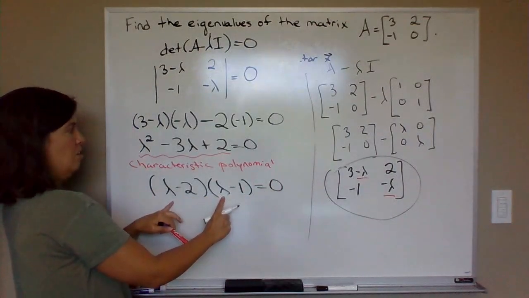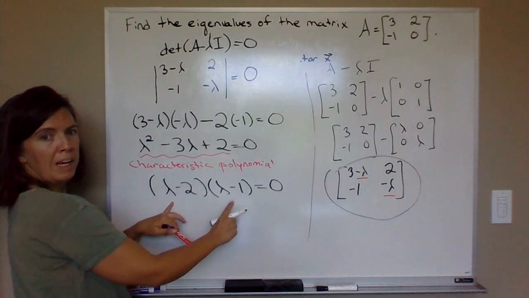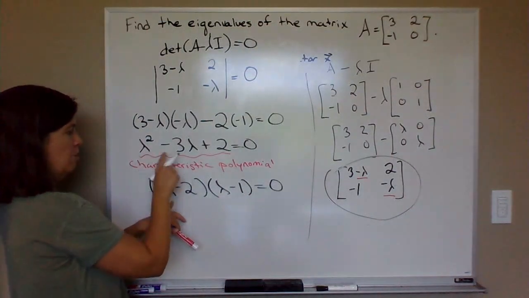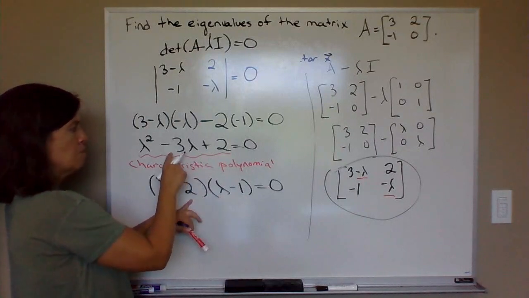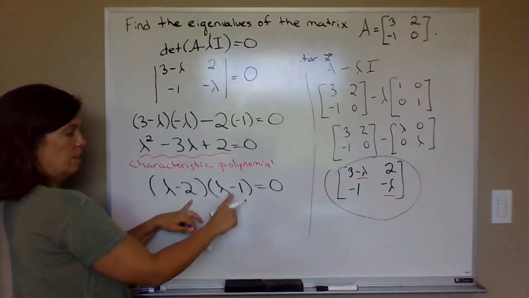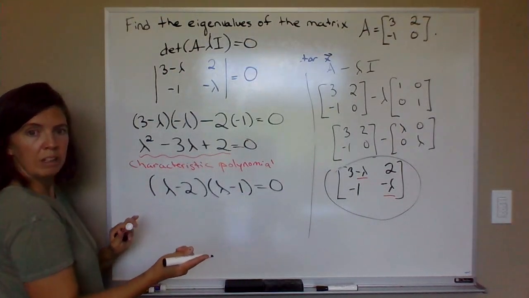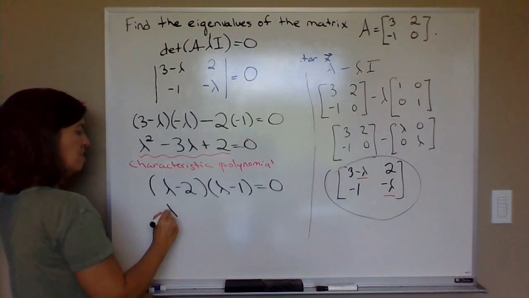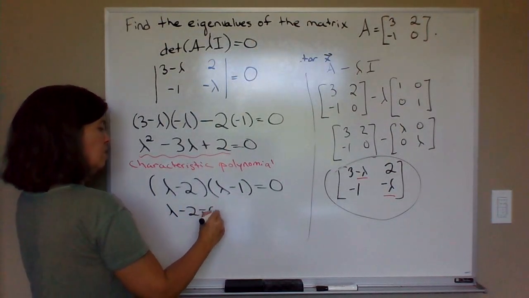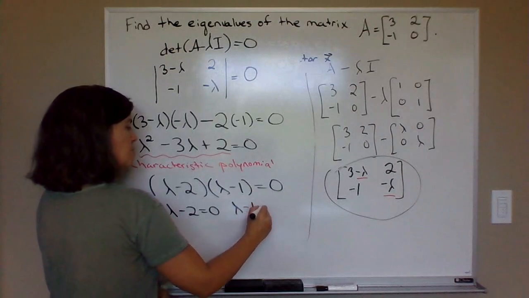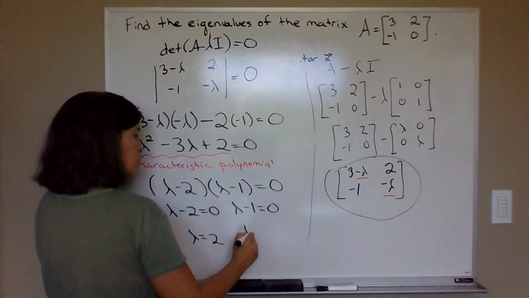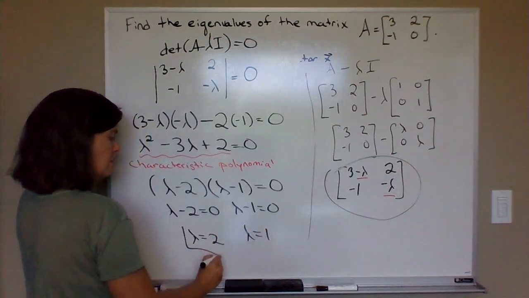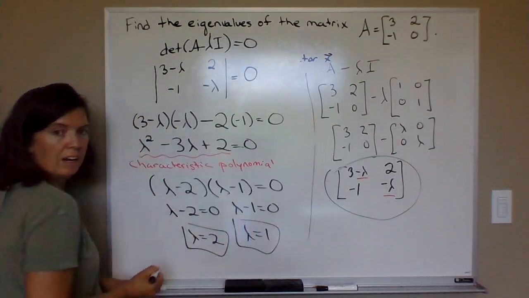So if I think through multiplying this out, I would have lambda squared, okay, that checks out, minus 1 lambda minus 2 lambda would give me minus 3 lambda, and then plus 2. So that looks good. And now you just set each factor equal to 0 and solve for lambda. So we get lambda equals 2 or lambda equals 1. And these are our eigenvalues.